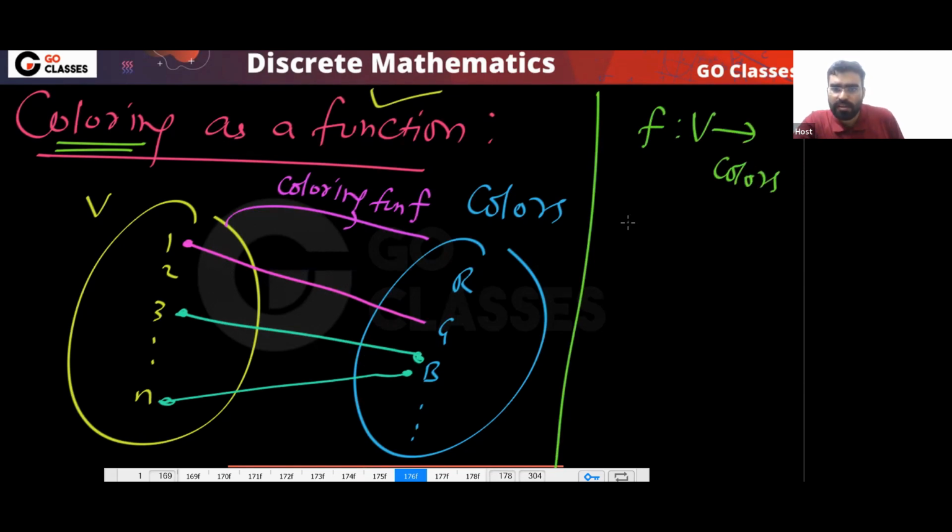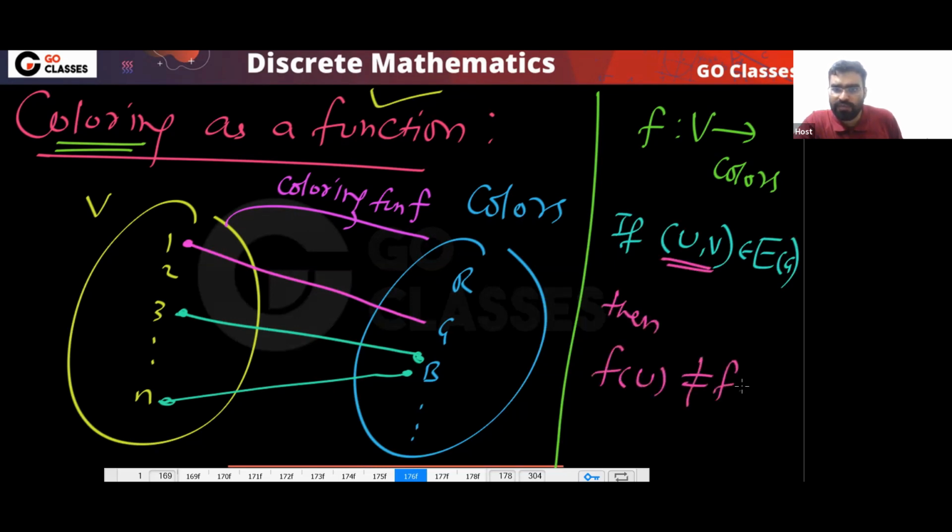You can notice that if (u, v) belongs to E, which means they have an edge, then what should happen? Then f(u) should not be equal to f(v), right? Then they should not get the same color. If two vertices are adjacent, then they should get different colors.